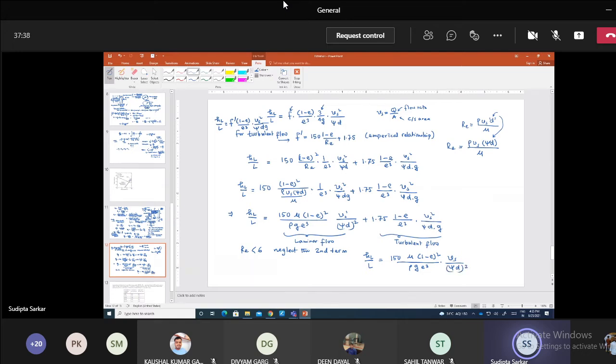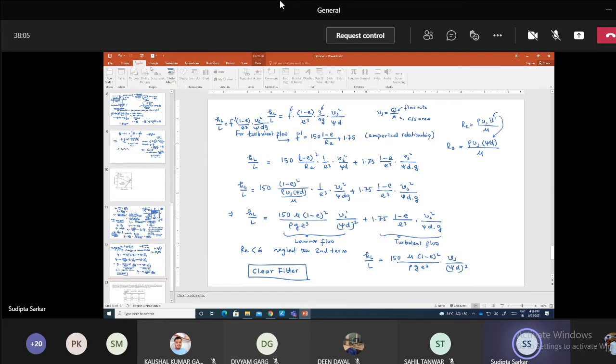So this is what you see as your Karman-Kozeny equation, but this is for your clean filter, understanding that no clogging has taken place in the filter.